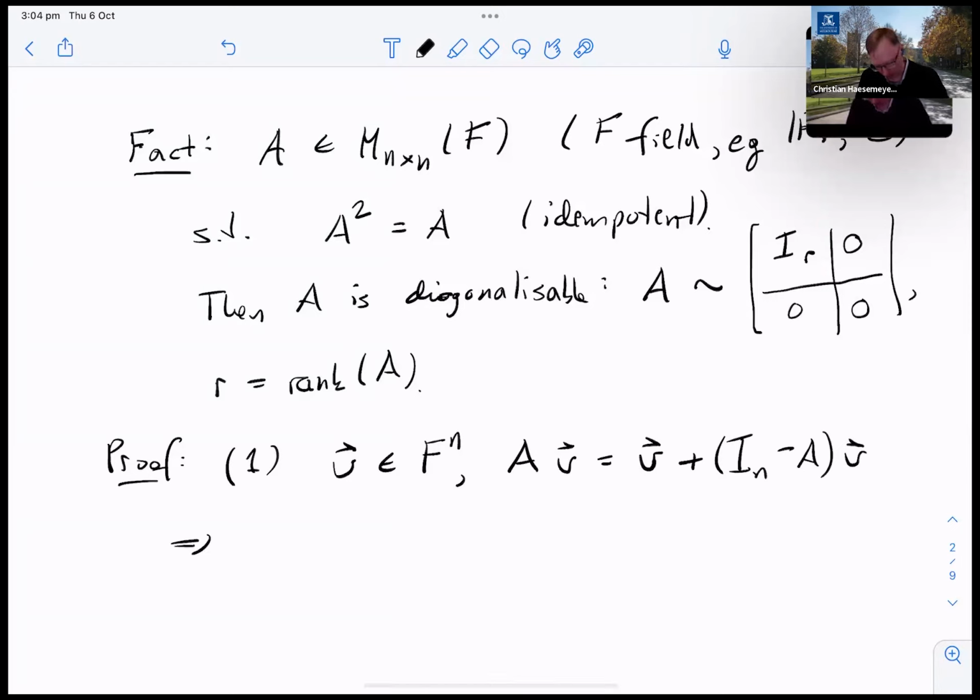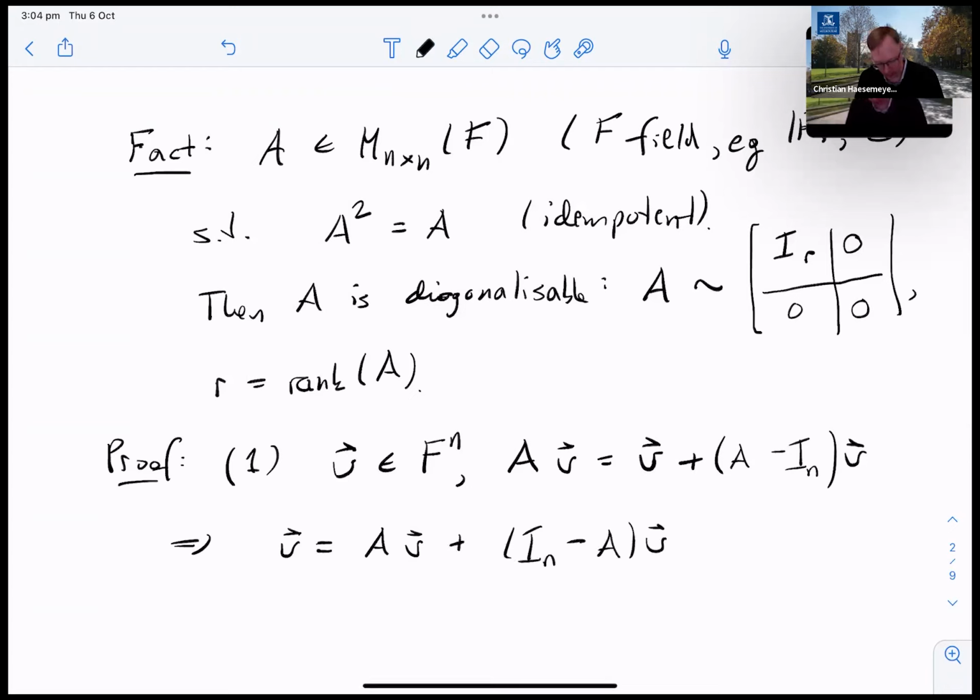And so this implies that we can write v as a sum of 2 vectors, namely Av plus, and now the sign gets turned around, (identity minus A) times v. And then we note that A times Av, well, that's A squared v, but A squared is equal to A. So this is Av.